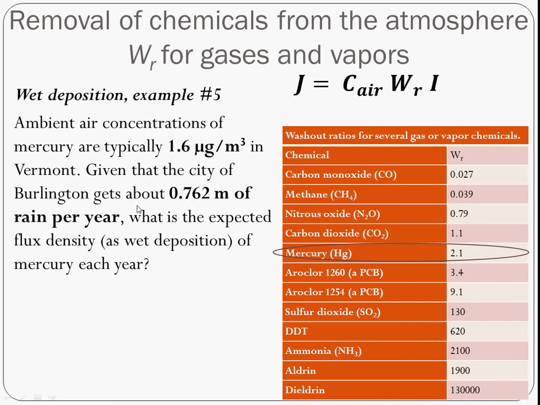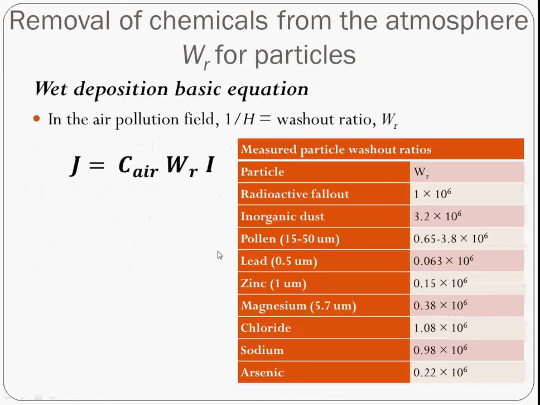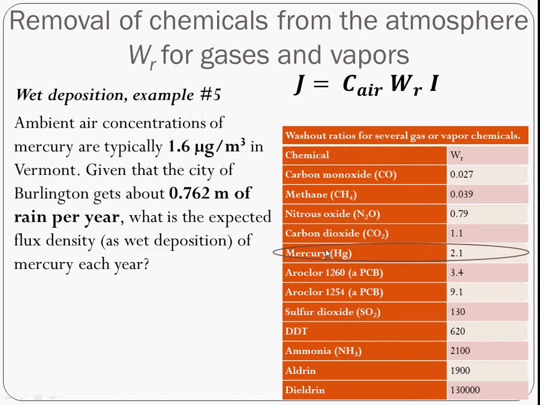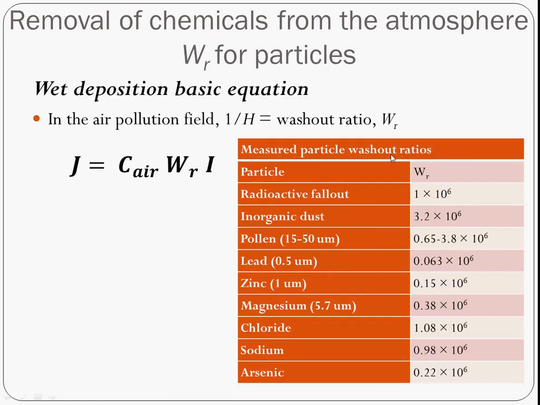And then we know we're talking about mercury, so we can just look up that value for the washout ratio in a table and then put all those values in and calculate J. And this is just showing you the washout ratios for particles. So things like radioactive fallout, organic dust, pollen, lead, and zinc. So back here we were looking at gases and vapors. Here we're talking about particles.